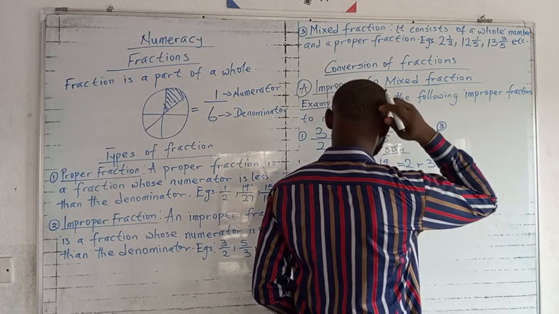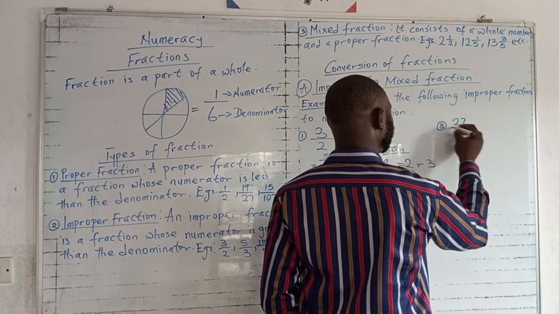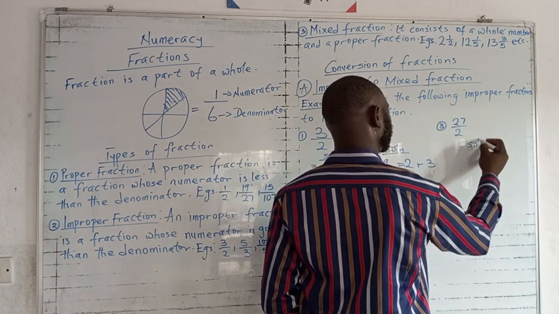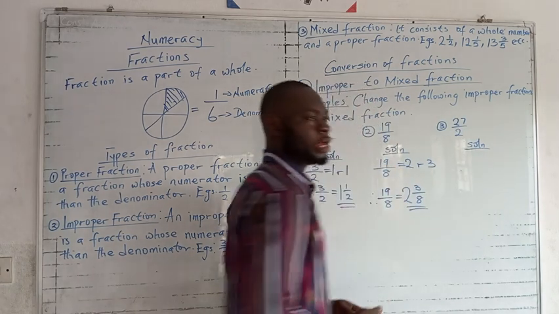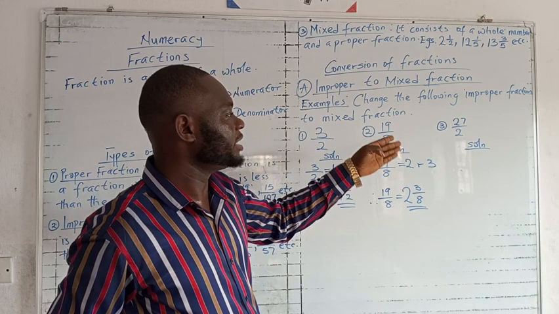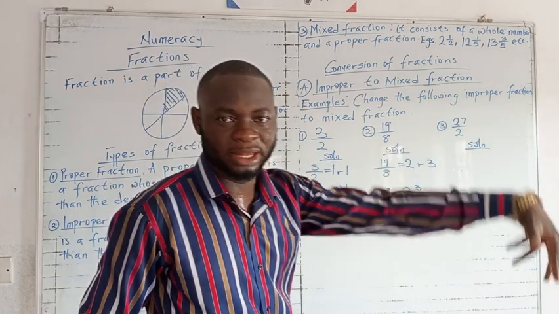Finally, in number 3, let's say we have 27 over 2. Solution. Here we have 27 divided by 2. Same thing, we divide 27 by 2 to get the quotient and the remainder.